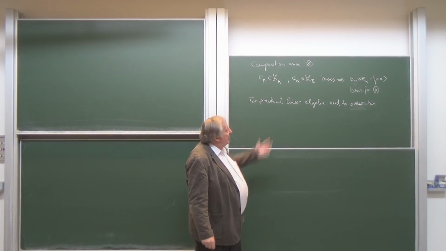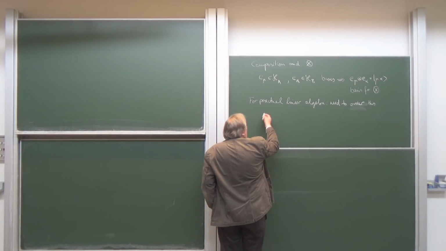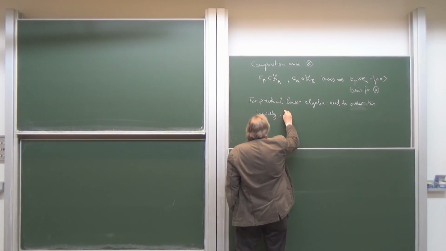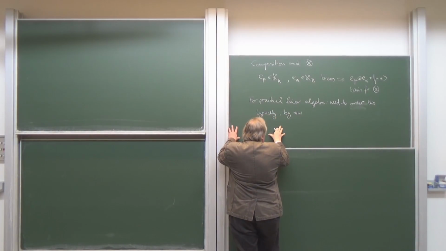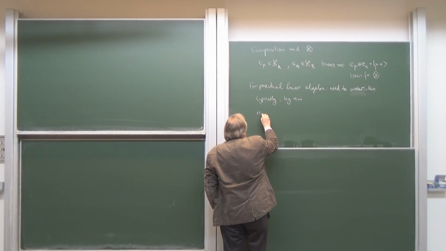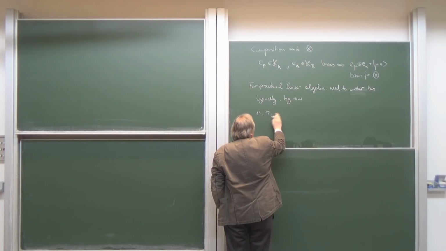But you have to make a choice here, and so typically by row, and then your indices would run like 1,1, 1,2.